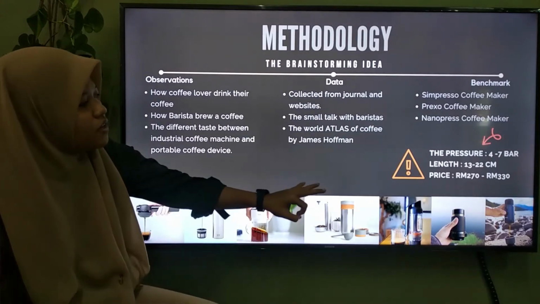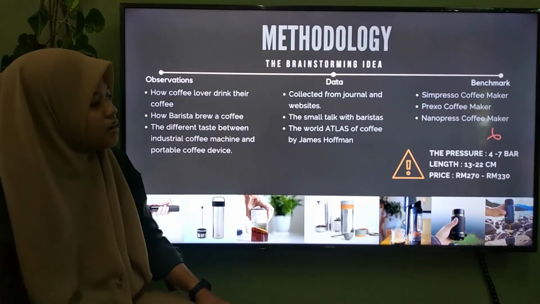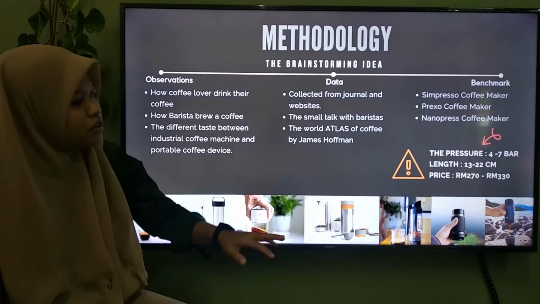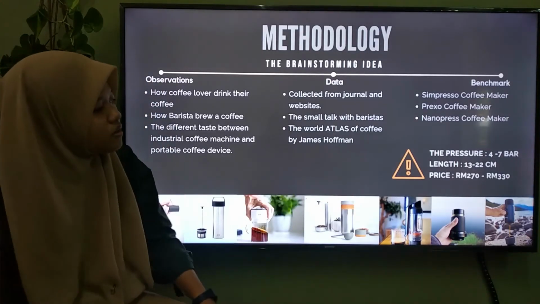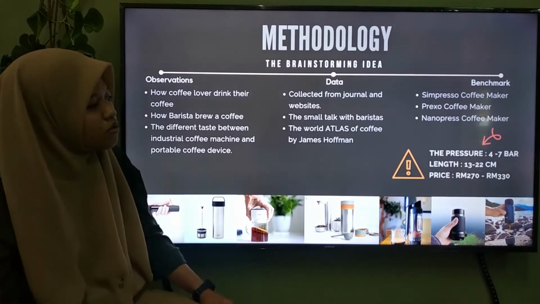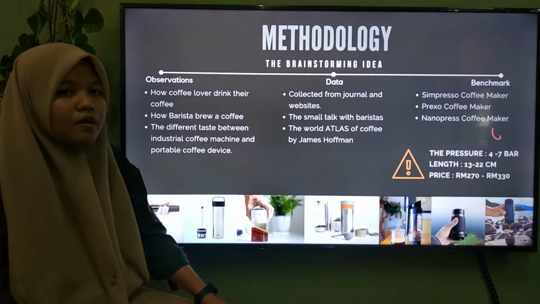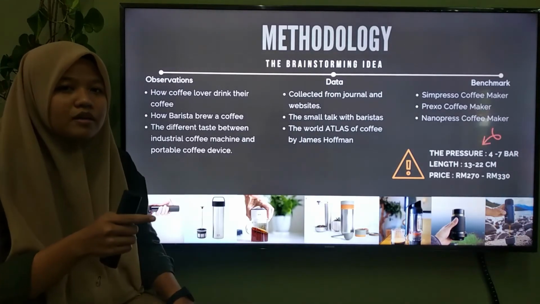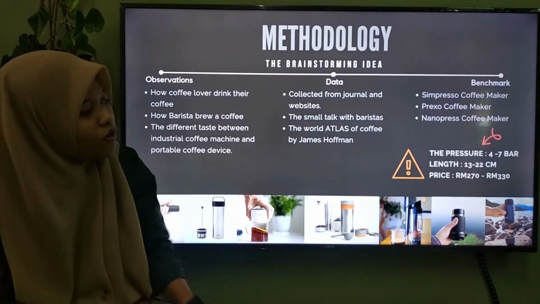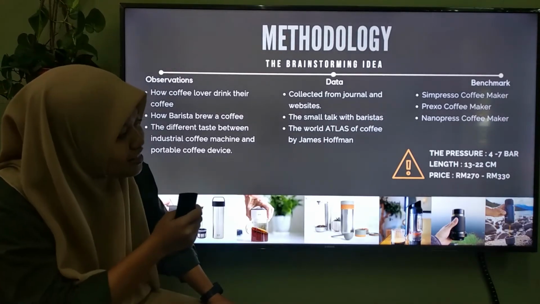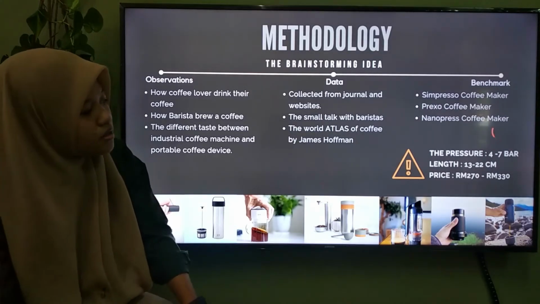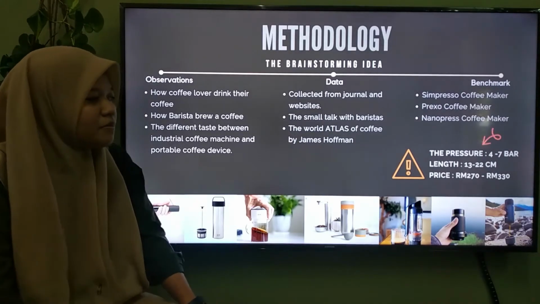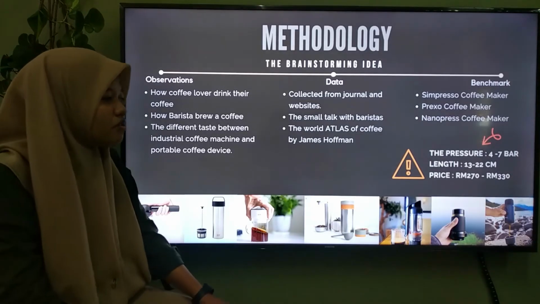So these three were used as benchmarks, and I used three characteristics, such as the pressure, the length, and the price, to look forward to my project. The pressure is 4 until 7 bar, and the length is 13 until 22 centimeters, and the price is quite high, which is 270 to 330 ringgit Malaysian.